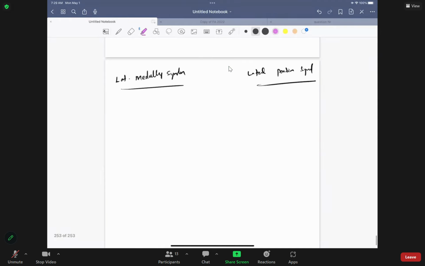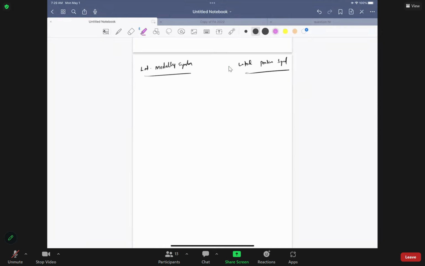Okay. Now I'm going to start writing the normal structures involved in this, folks. Normal structure.